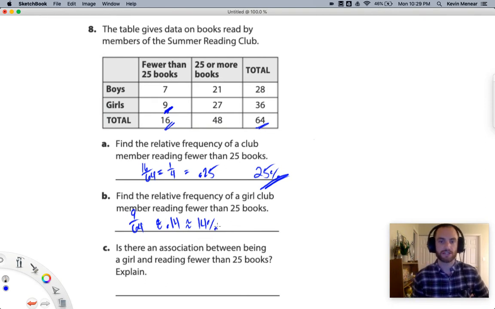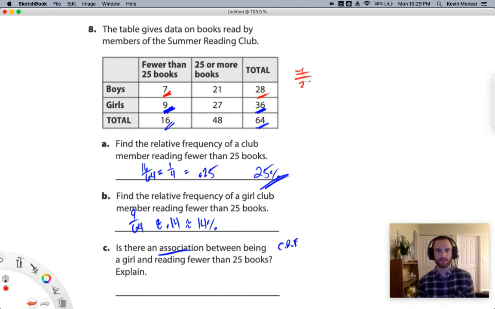Is there an association between being a girl and reading fewer than 25 books? Okay, so this is talking about conditional relative frequency, CRF. Conditional relative frequency is how we determine if there's an association. So we're talking about girls versus boys and reading fewer than 25 books. So what we have to figure out is the conditional relative frequency of girls as a proportion of the total number of girls, and boys that read fewer than 25 books as a proportion of the total number of boys.